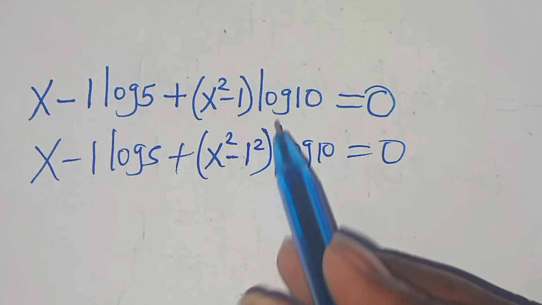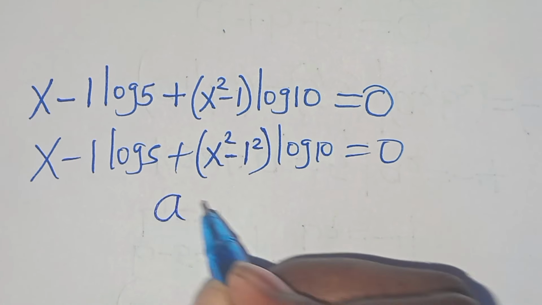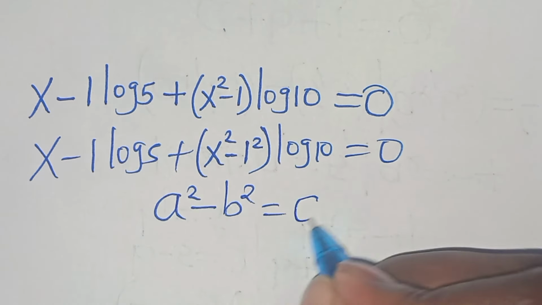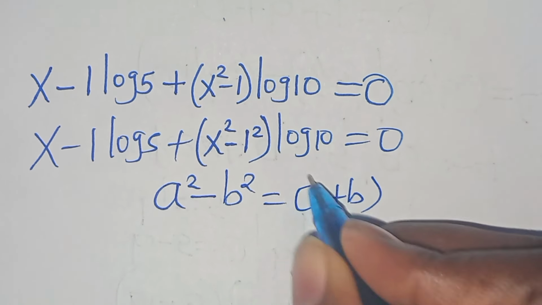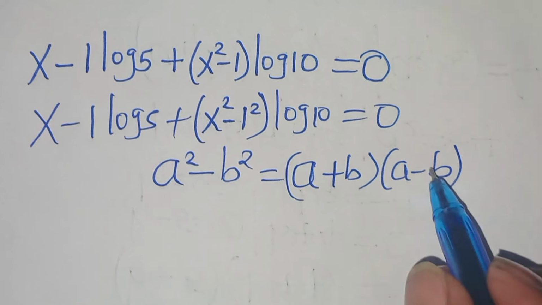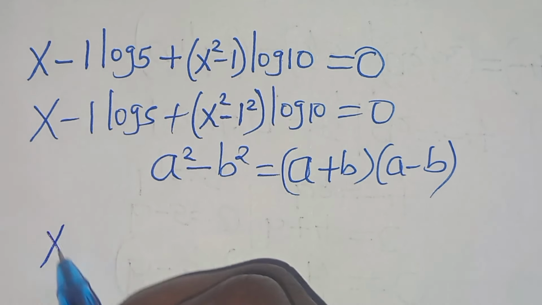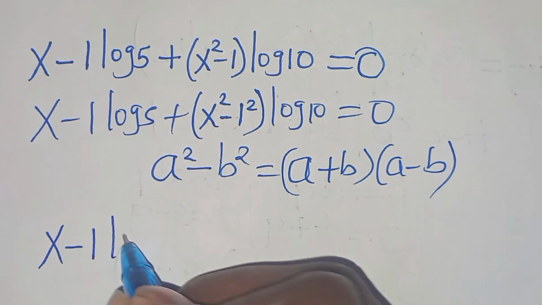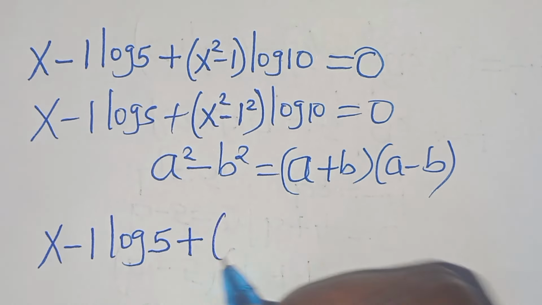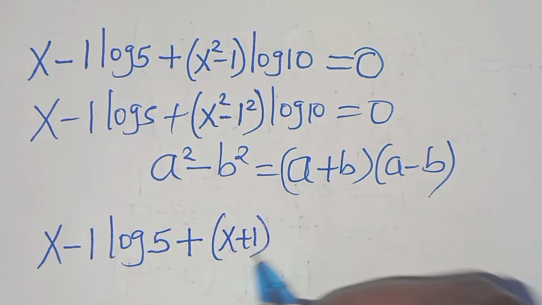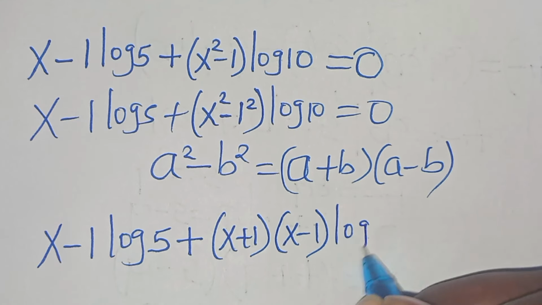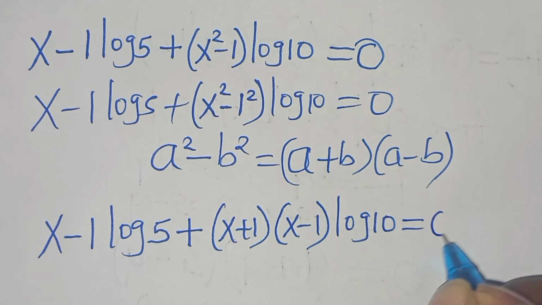So x squared minus 1 squared, this is the difference of two perfect squares, which can be expressed as a squared minus b squared, and this is the same thing as a plus b, then a minus b. Applying this property, then here we have x minus 1 log 5, then plus x plus 1, x minus 1 log 10. This is equal to 0.